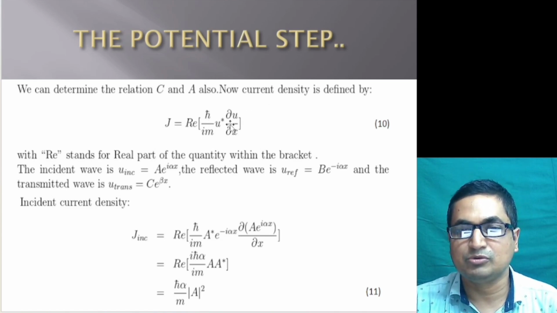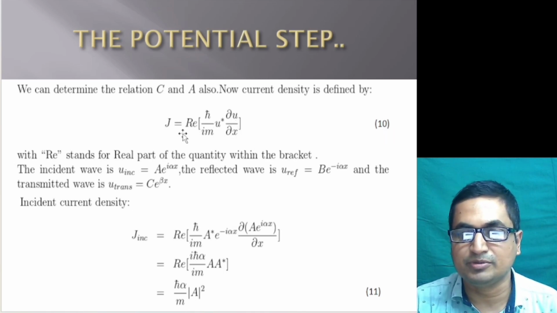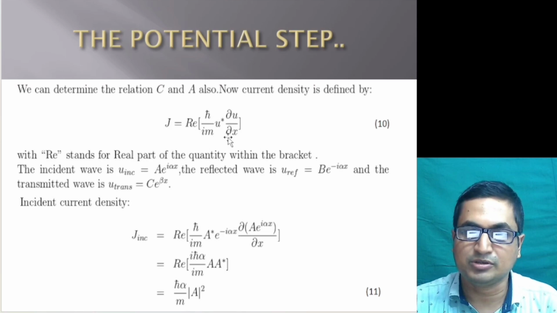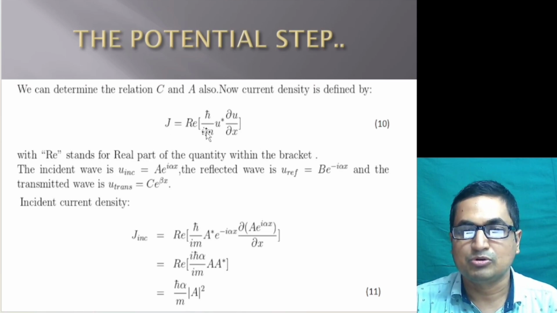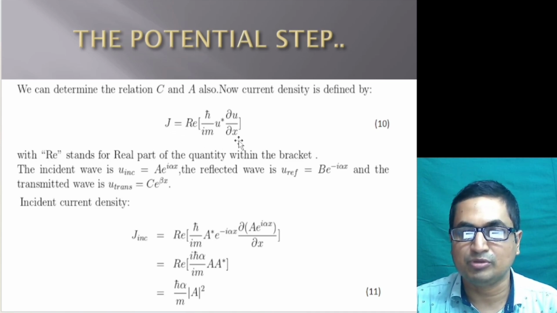Current density, as we know from finding the equation of continuity, is defined like equation 10, where this Re represents simply the real part of the quantity inside the bracket. So this J will be the definition of current density, and we'll find the current density for different regions, that means corresponding to different waves.